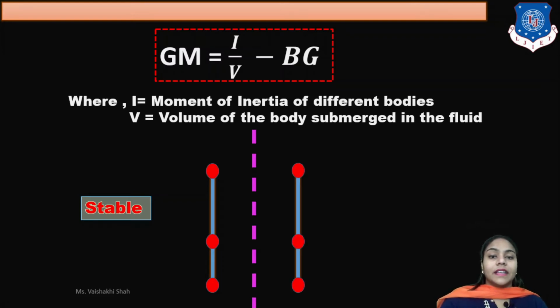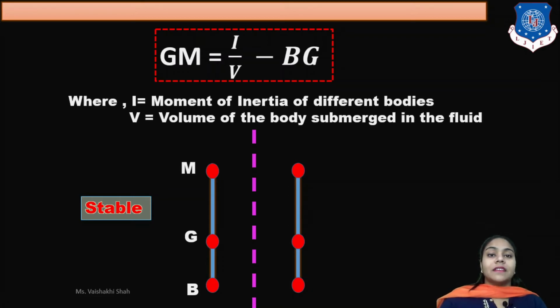Now for stable equilibrium, M should be above G and B. Here M is the metacenter, G is the center of gravity, and B is the center of buoyancy.